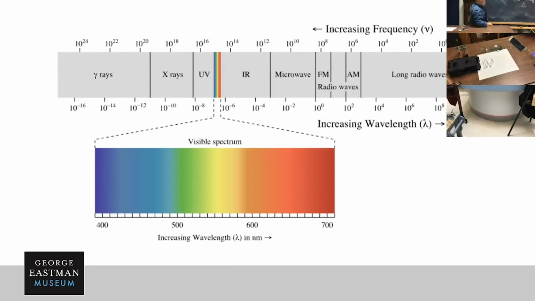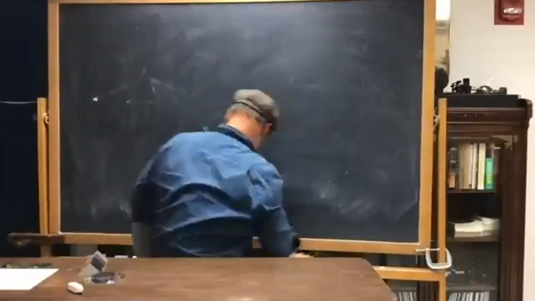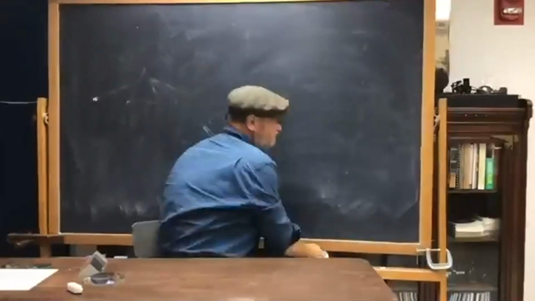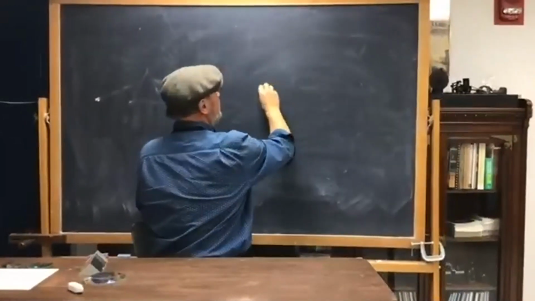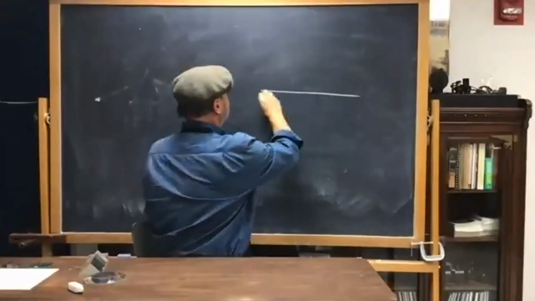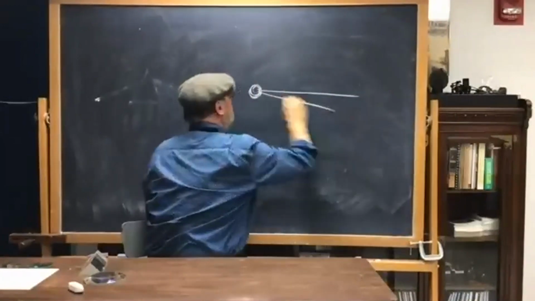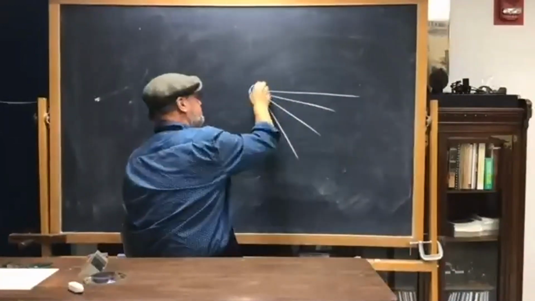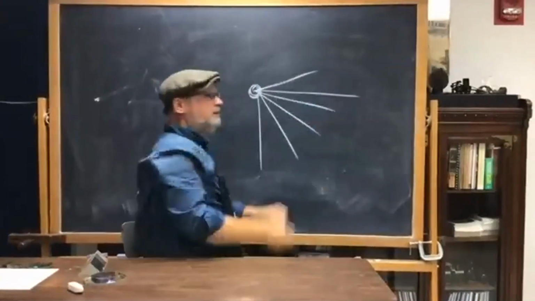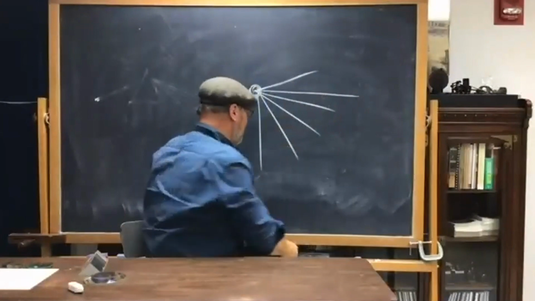I'll come back to the blackboard again, please. I love blackboards. Anybody that's ever had class with me knows I love it. And so it turns out that yes, okay, light does travel in straight lines. And actually, if we have a light source, it will travel in lines like this. Right? So it'll be divergent. It'll go away from itself, and it'll shine like this.